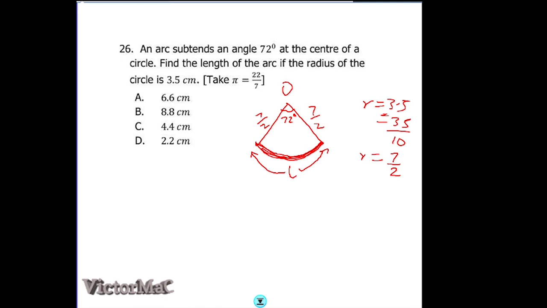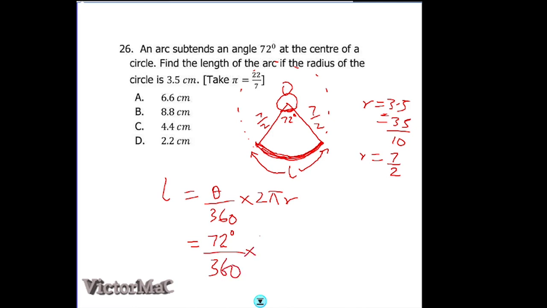And the formula for finding the length of an arc is given as this fraction of the entire circumference, the full length of a circle. So this portion out of the whole 360. So the angle theta is 72 over 360, times 2 times pi. The pi has been given as 22 over 7. All right.